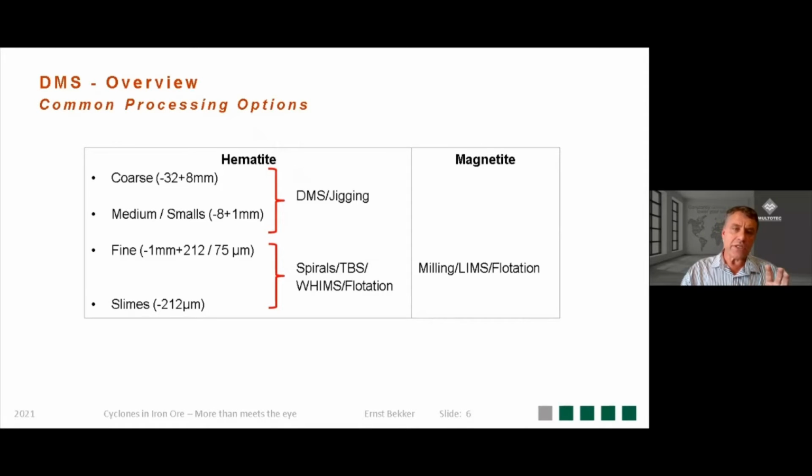So hematite is your dense media separation activity, magnetite the milling and classification activity. The fines and the slimes on the hematite are normally treated via spirals, feeder bed separators, wet high intensity magnetic separators, flotation. And then on magnetite milling, hydrocyclones, low intensity magnetic separators and flotation. So I'll look at the hematite environment and the magnetite environment in this presentation.